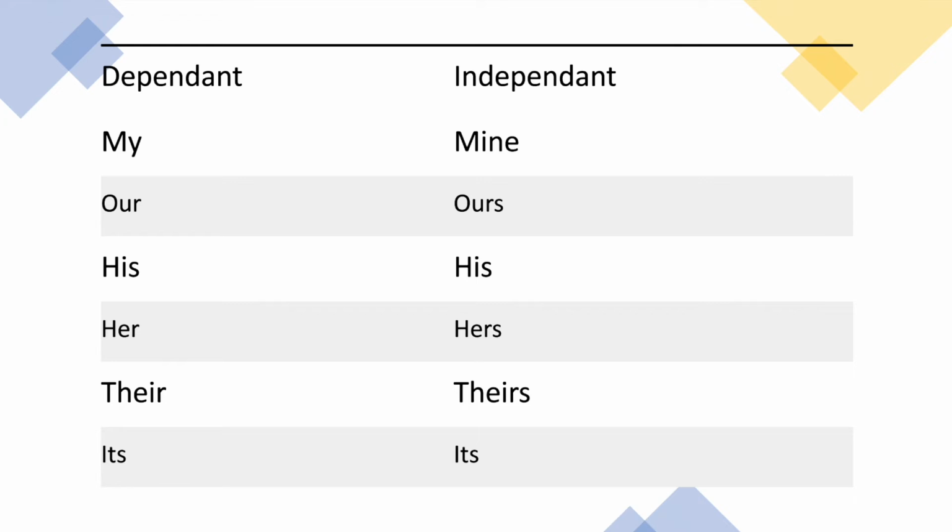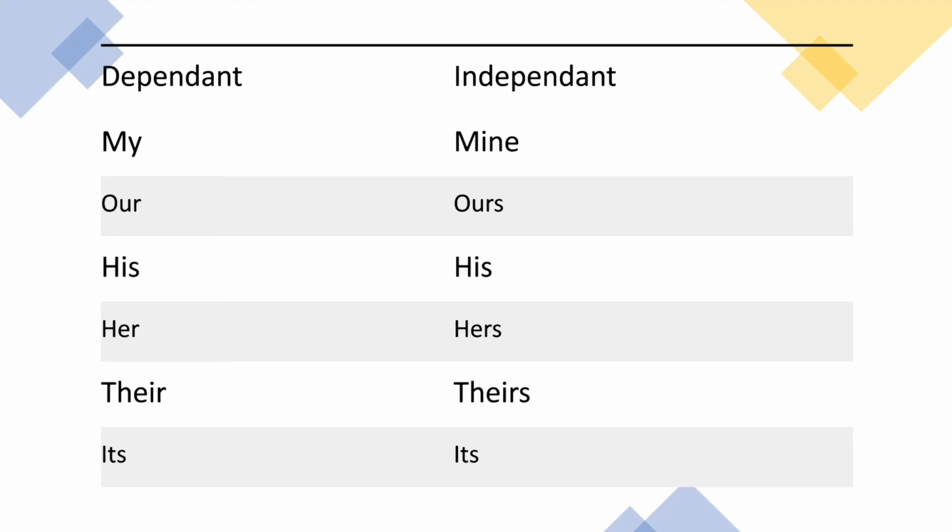So here are the possessive pronouns that show that I possess or own something. So if I want to show that I own something, or I have something, or something is mine, I can say my for a dependent possessive pronoun and mine for an independent possessive pronoun.